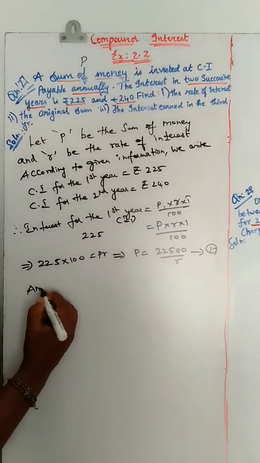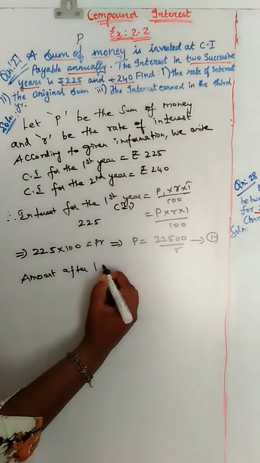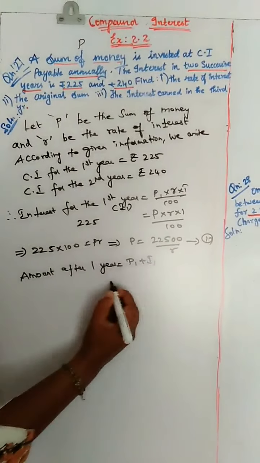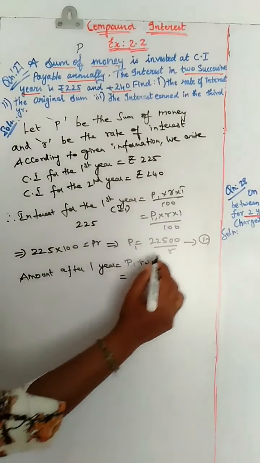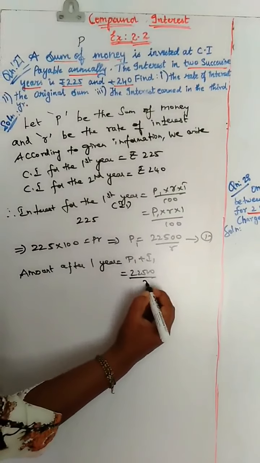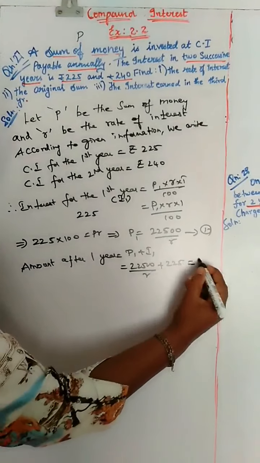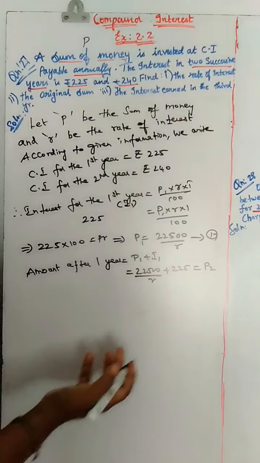Then the amount after 1 year equals the principal of the first year plus the interest of the first year. The principal of the first year is 22,500 by R, plus the interest, 225. And this will become the principal of the next year. We have learned this in the previous exercise.